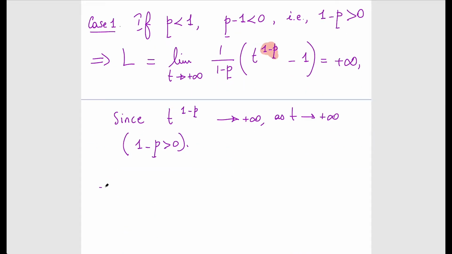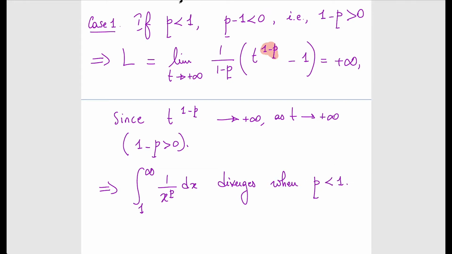So this means the integral from 1 to infinity of 1 over x^p dx diverges when p is less than 1. I'm talking about this case, when p is less than 1.